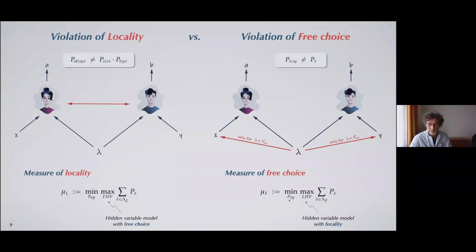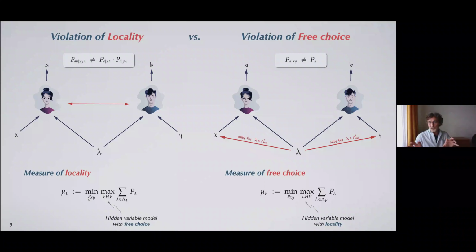This will be important in a moment. I just emphasize that those measures give me the fraction of trials in which I need to retain a certain property, locality or freedom of choice, in order to simulate any possible distribution of settings. That is the minimum, which is why it is present here.